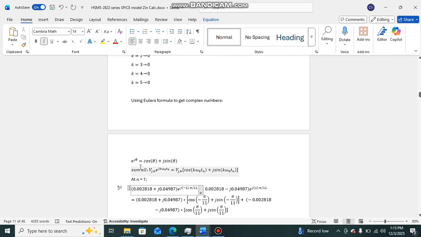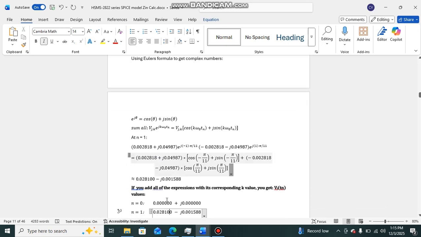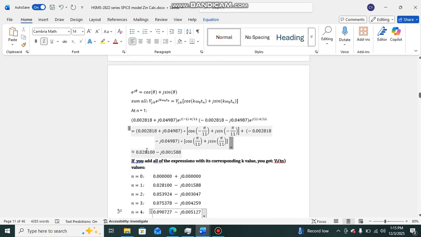We can change that back into complex numbers here and plug in the argument, which was, for example, negative pi over 11 here, and then plug them in, and we get a result for n equal to 1, as right here.